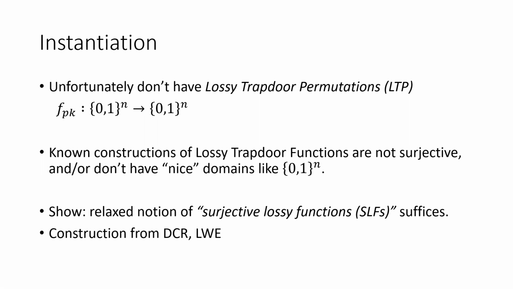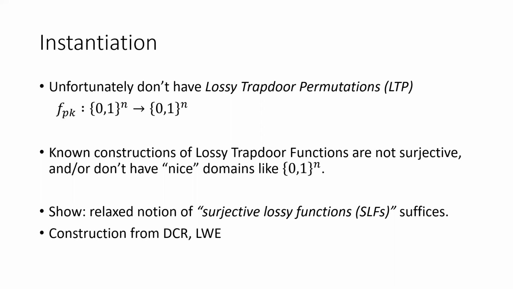Every value in the image has very few values mapping to it. And in lossy mode, there's just some small subset of the image that everything maps to. So in lossy mode, you're really lossy. In surjective mode, you're not injective, but you're at least surjective. And we show how to construct this from decision composite residuosity and LWE. Essentially, it's good enough for the construction with small, essentially cosmetic modifications to make this work. But the idea is exactly the same as what I showed you on the last slide.